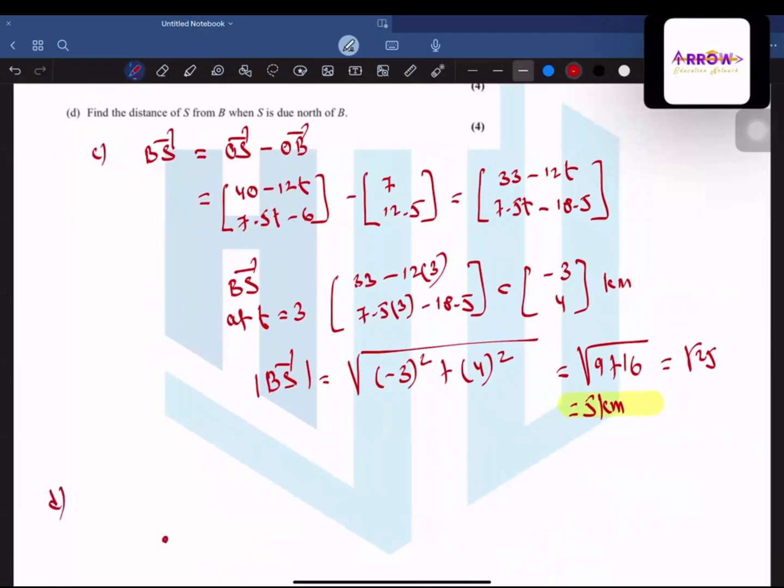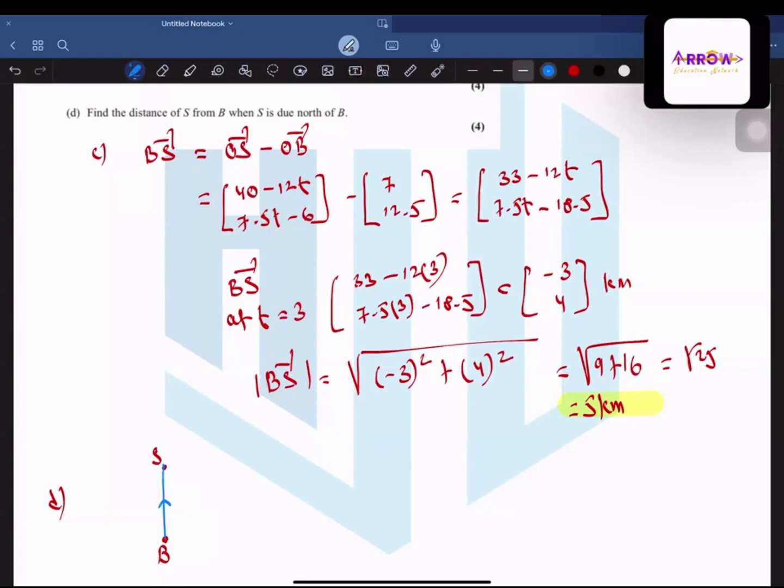Point B is a fixed point and the ship is vertically upwards from point B. If we make a north at point B, this is how the scenario is going on.